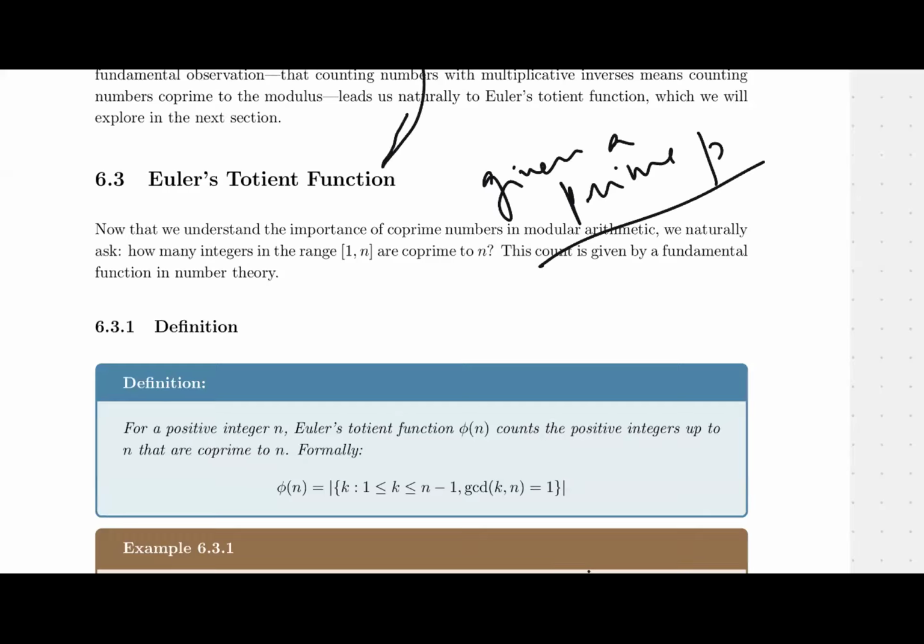So now let's study this definition. What is Euler's totient function?